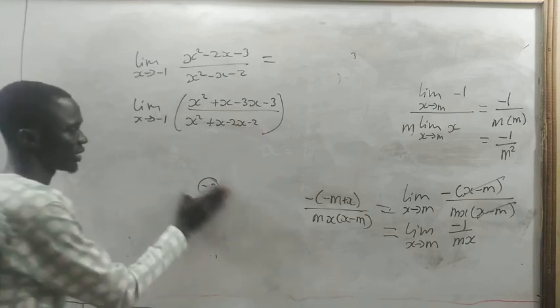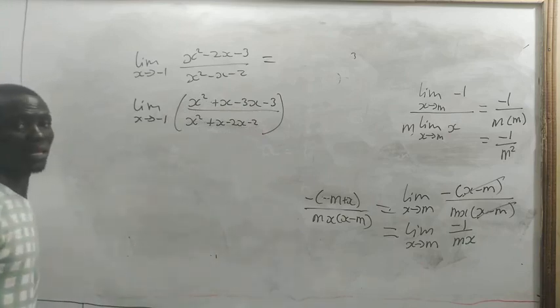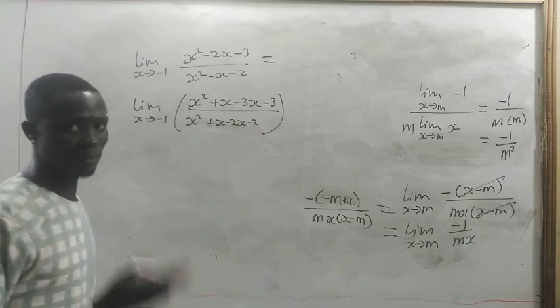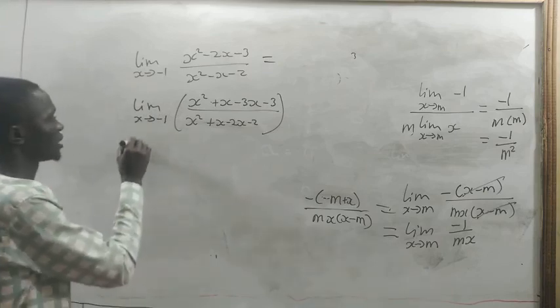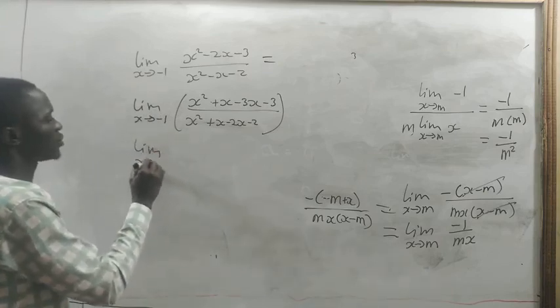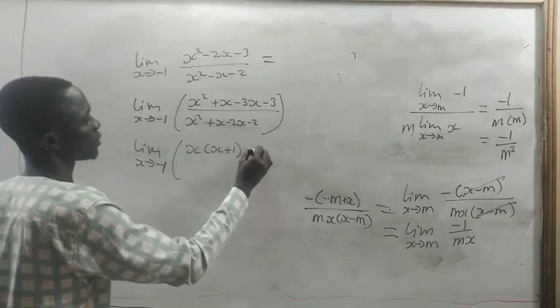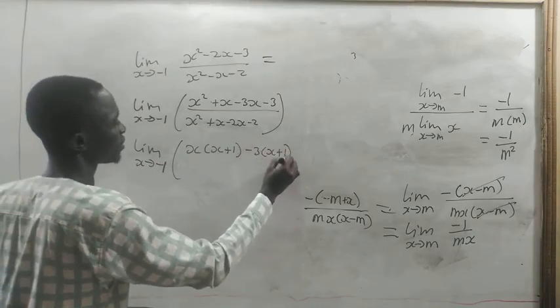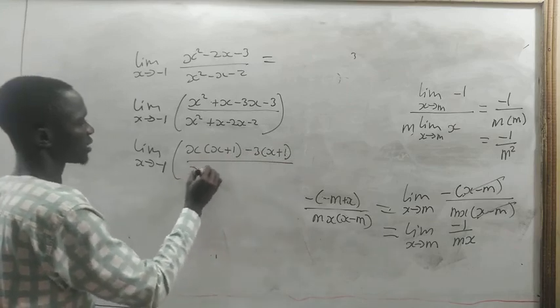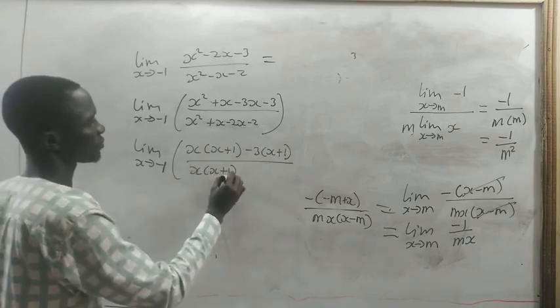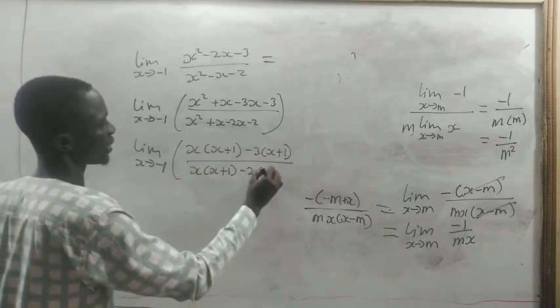So learn how to factorize, right? I've not uploaded videos on factorization, but I'll do so later. So we take the limit as x approaches negative 1 of x (x plus 1) minus 3 (x plus 1), all divided by x (x plus 1) minus 2 (x plus 1).